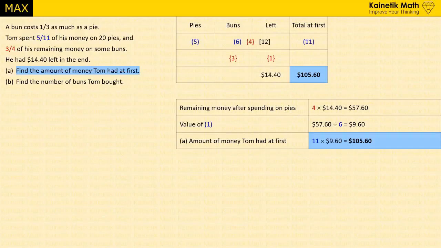So that means that the pies, being the parts in blue, must also times 2. Okay, and we'll get that as 10. Okay, and the total will be times 2 as well, and that will be 22.